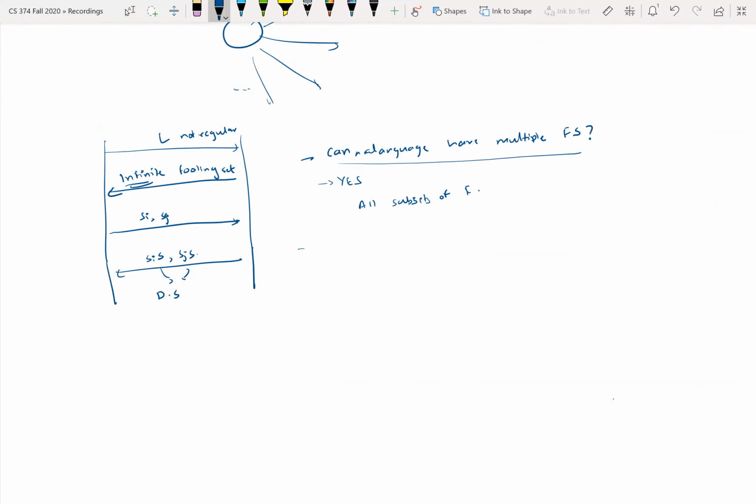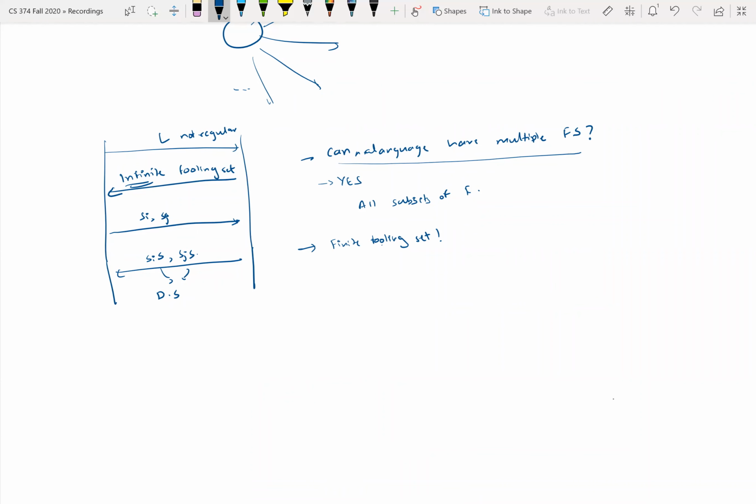In particular, a language might not be regular, but you can always give a finite fooling set for it. You can always give a finite fooling set for a non-regular language also. So if you give me a finite fooling set, you're not proving anything about the regularity or the irregularity of the language.